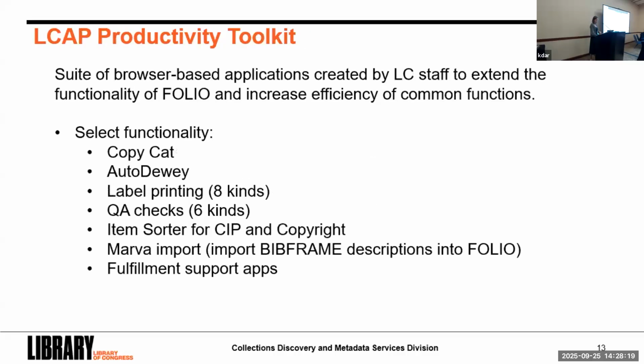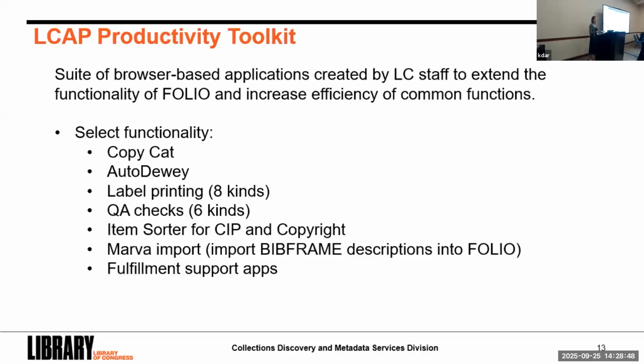And the productivity toolkit, it's a browser-based suite of applications. I'll walk you through some of the apps in a second, but some of the select functionality is a pretty robust copy cataloging app, Auto Dewey, which gives you a Dewey number from an LC call number, 8 kinds of labels, 6 kinds of QA checks, item sorters for SIP and copyright.